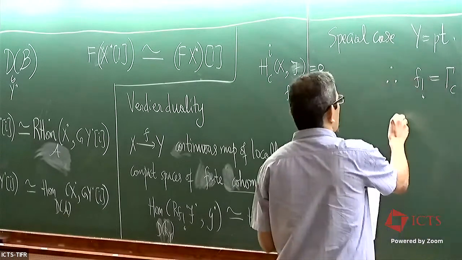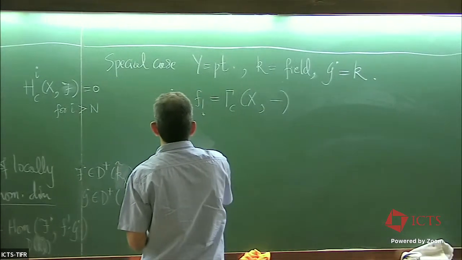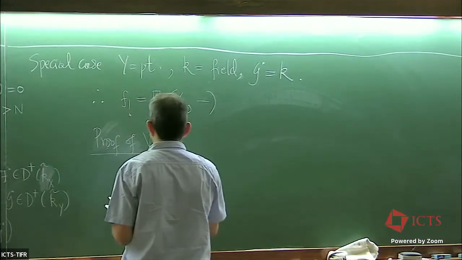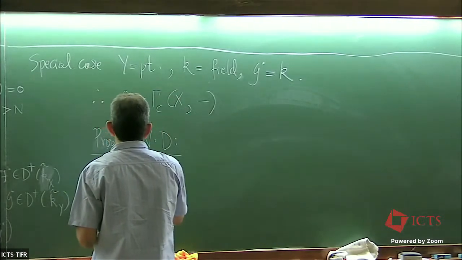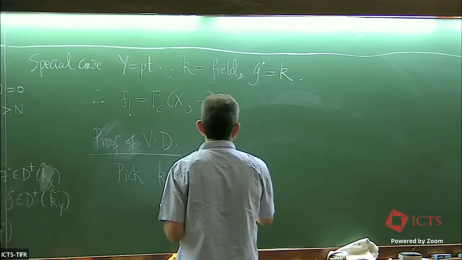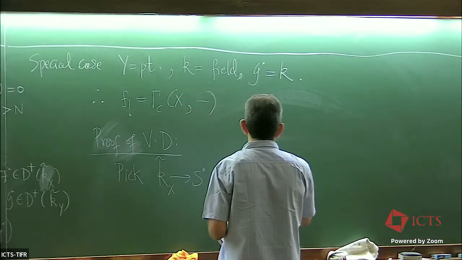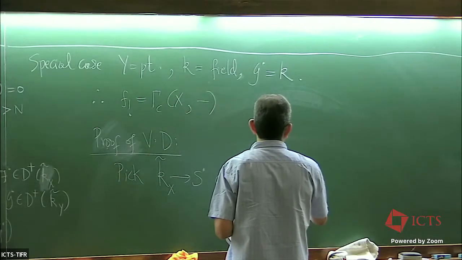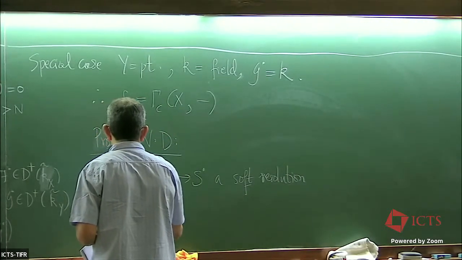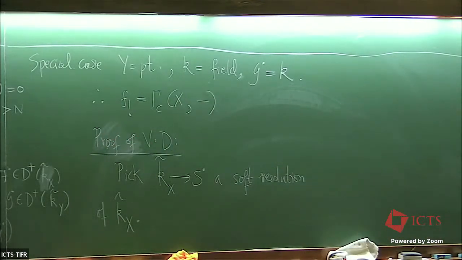So pick a soft resolution K̃^• of K_X. So for example, if you are on a manifold, smooth manifold, you can use the de Rham resolution.